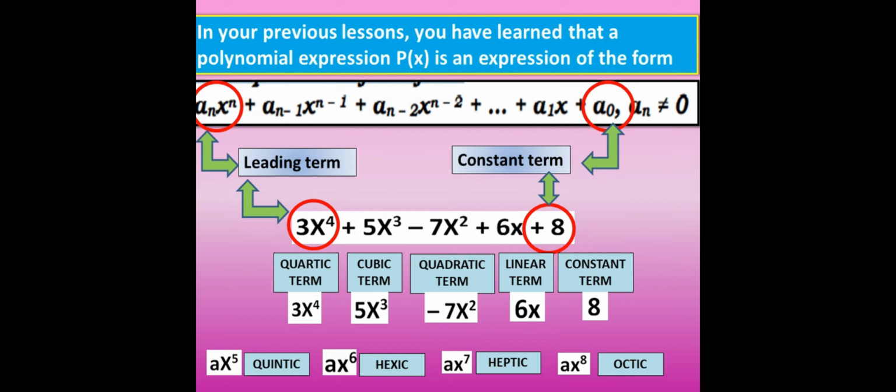Then ax to the 9th is the nonic term, and ax to the 10th is the decic term, from the word deca.